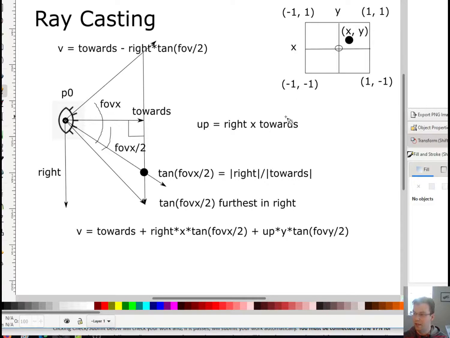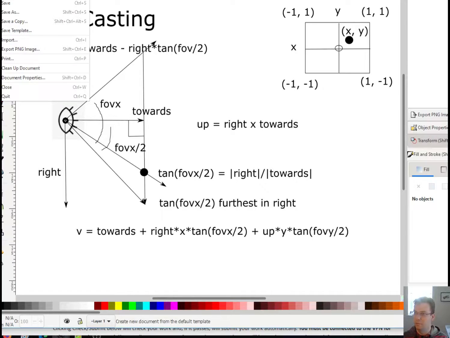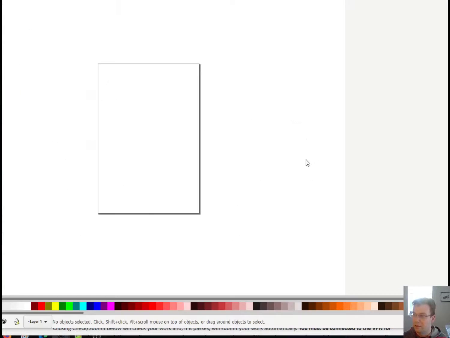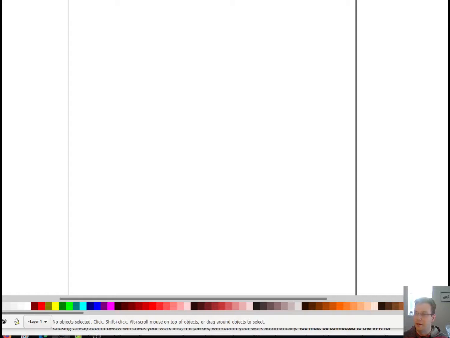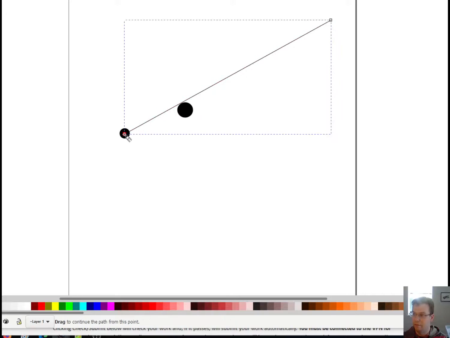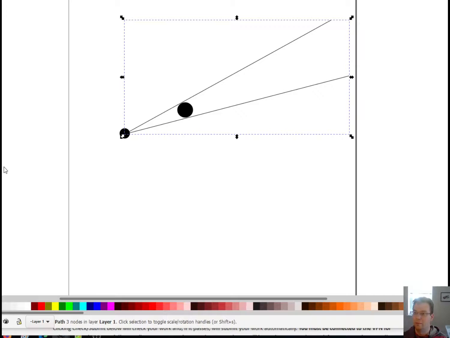So what we notice from this perspective thing is that objects that are closer to me appear a lot bigger than objects that are further away. And this is something you probably take for granted. But let's say this is my eye, and if I sent this ray out here, it would cover the edge of the sphere there, and if I sent the ray out here, it would cover the edge of the sphere there.